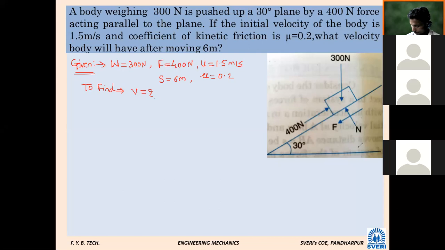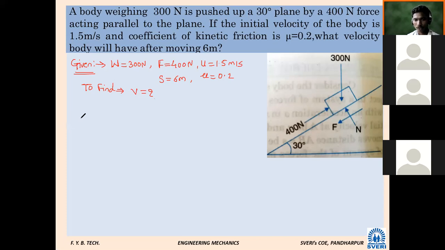Now, in the diagram you can see there is one block or body whose weight 300 Newton is acting vertically downward. There will be a reaction N by that body.